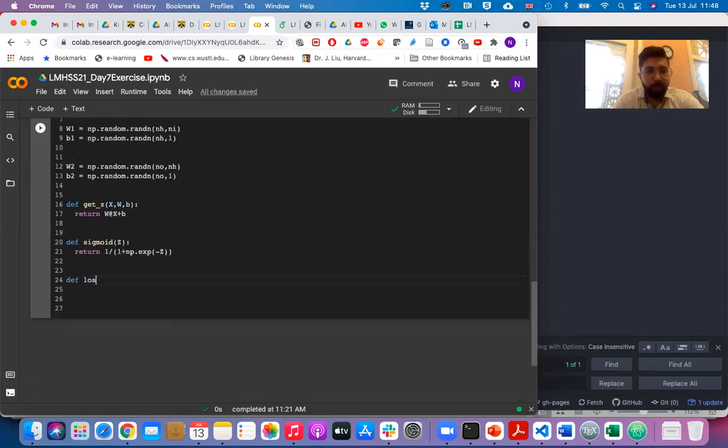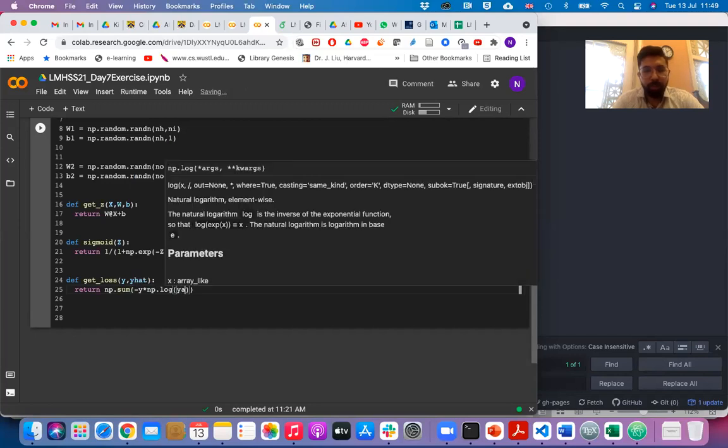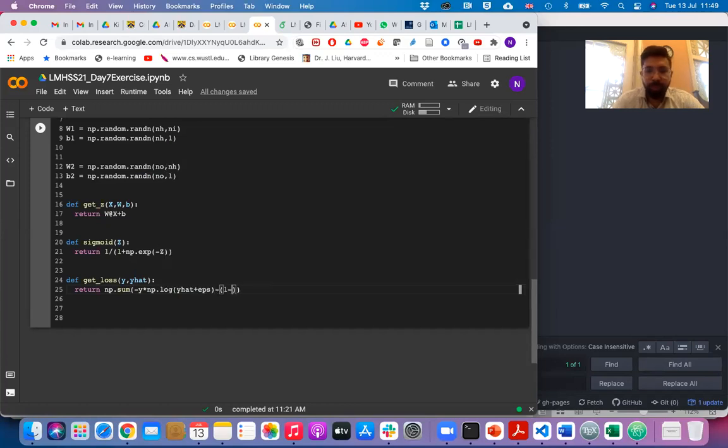Then we have to define a loss function. It takes in a y and a y hat, and it returns minus y times np.log of y hat plus epsilon, minus 1 minus y times np.log.